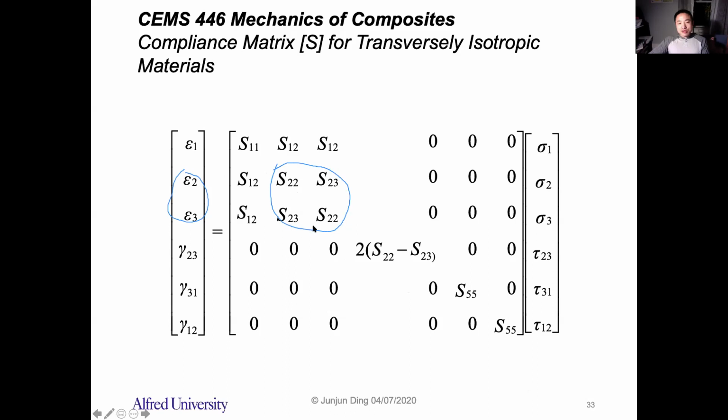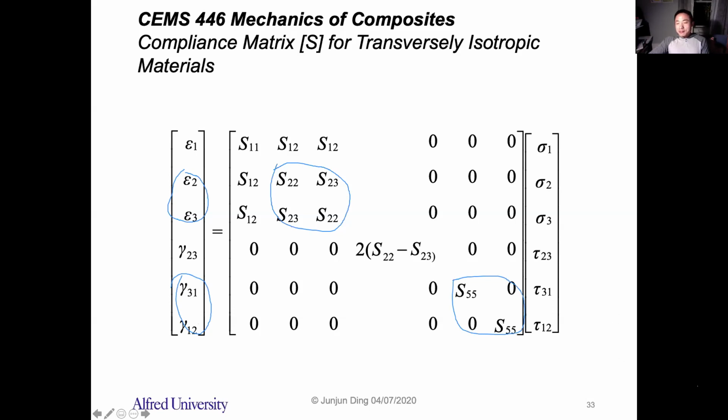So this is the same as the compliance matrix for the isotropic matrix. And also the shear strain 3-1 and 2-1 should be the same, because the 2 direction and 3 direction are pretty much the same. So that's why you have this S55, S66 here.